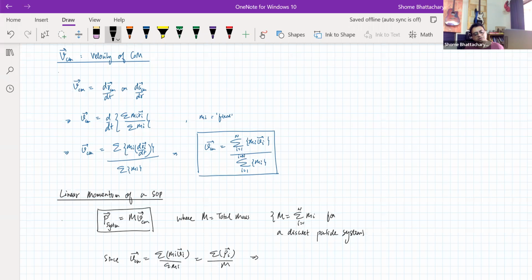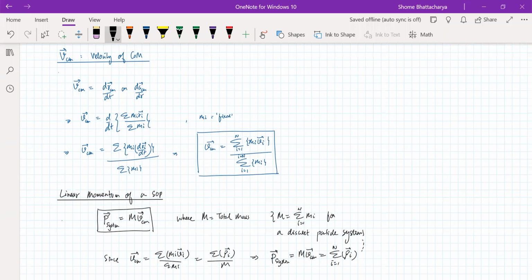So for a discrete particle system, the momentum of the system, which is total mass into velocity of center of mass, can also be described as the vector sum of the individual momenta of the particles. Again, for a discrete particle system. So this becomes a very important understanding. First of all, the definition of linear momentum of a system of particles, whatever type of system it is.